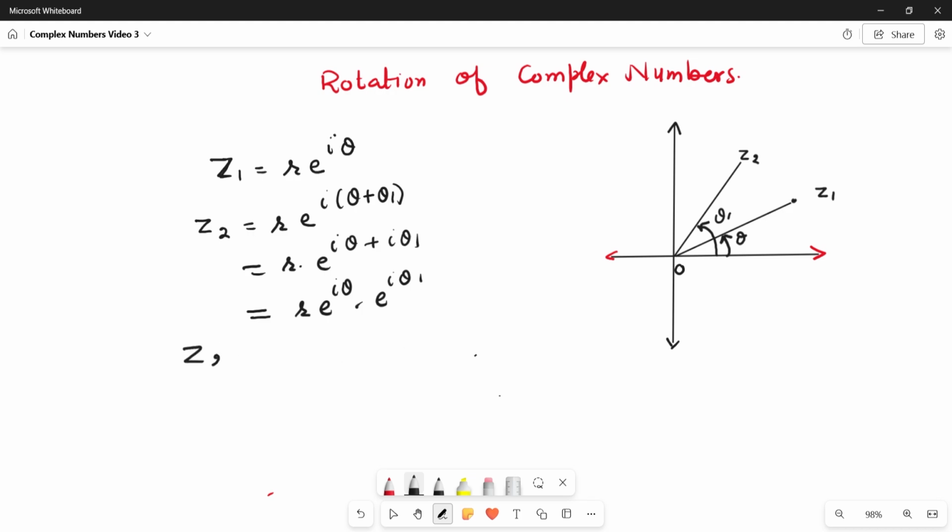Therefore, Z2 is equal to Z1 into e raised to power i theta 1. So we get this result. Rotation of the complex numbers.